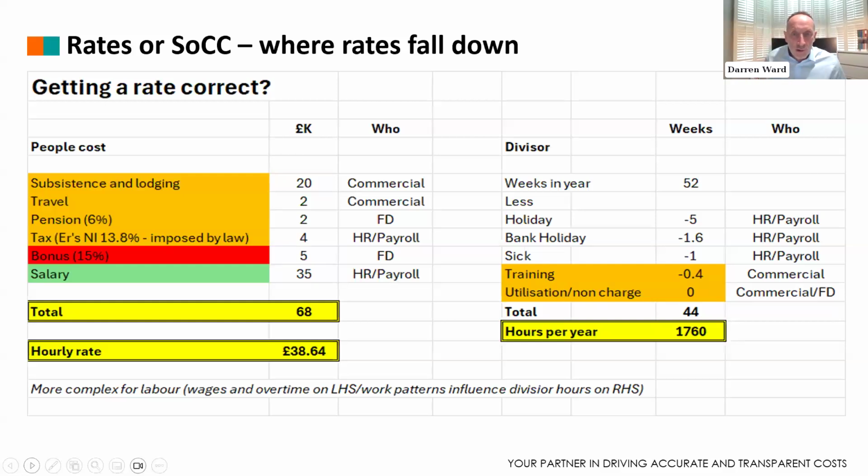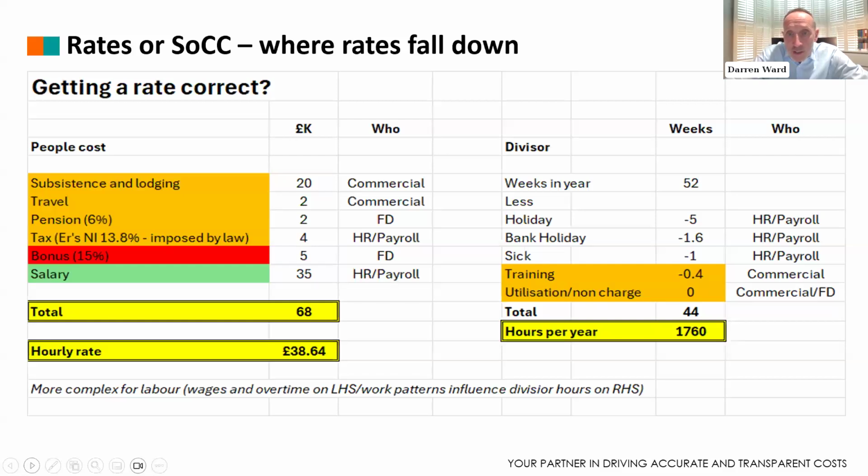So just want to very quickly show the reasoning behind where rates can fall down. So this is just a very simple example, sticking with the numbers in yellow, really. So the left-hand side is a potential person cost. So at the start of the year, we've worked out an individual could cost £68,000 with the 6 elements above.